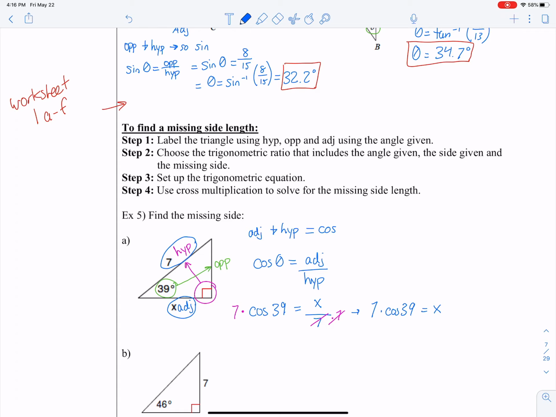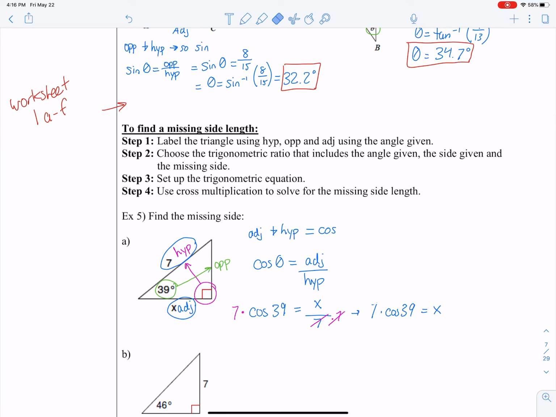So now I need to put into my calculator cos 39 and then multiply the answer that I get by 7. Okay, so some calculators you can put 7 times cos 39 into your calculator as one equation and just press enter.